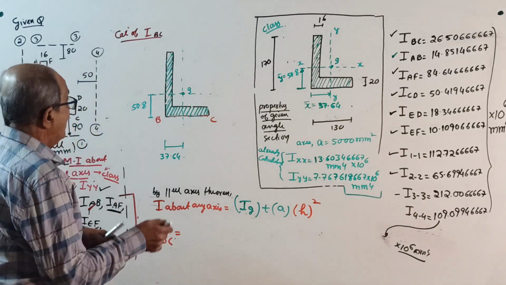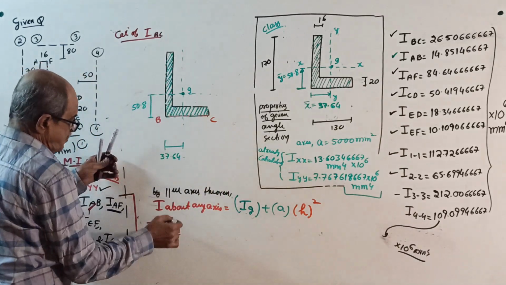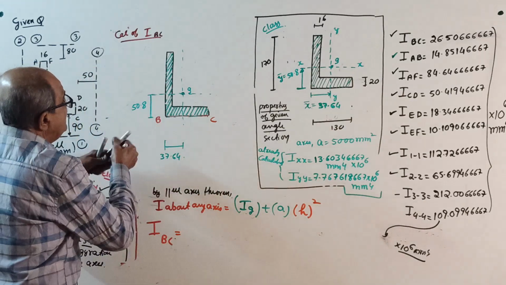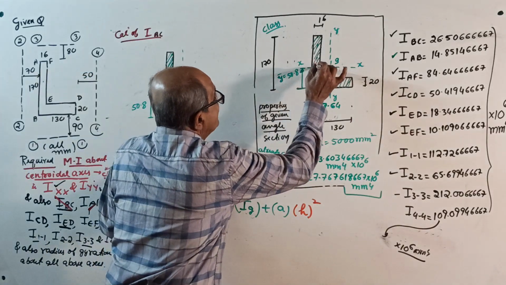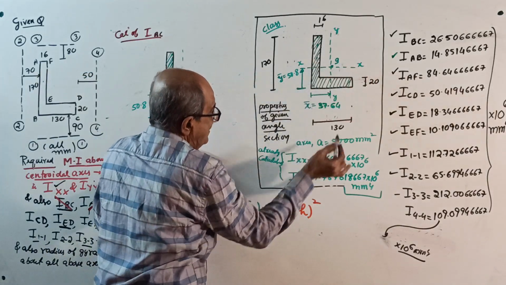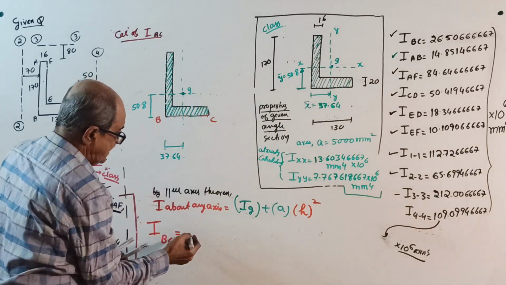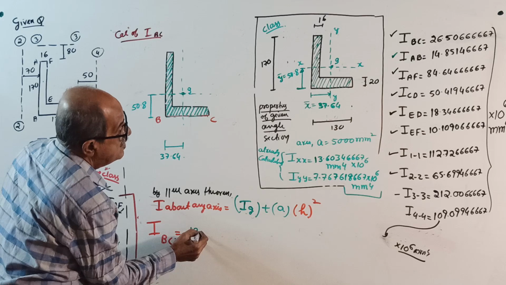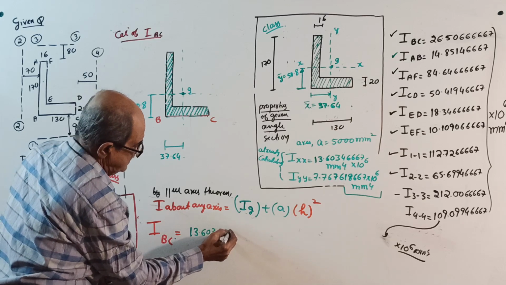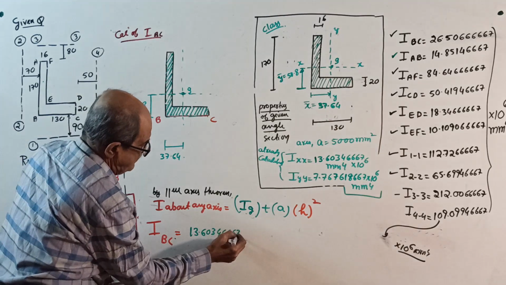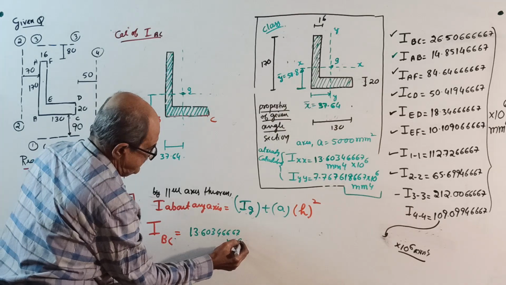See now, if you want I about BC, first I about its own centroidal axis, that is, this axis. For that axis, I is how much? 13.603466667 into 10 to the power 6.